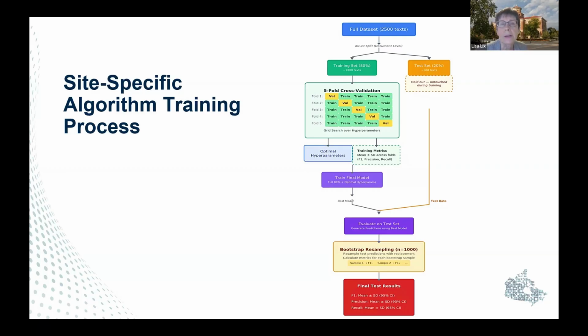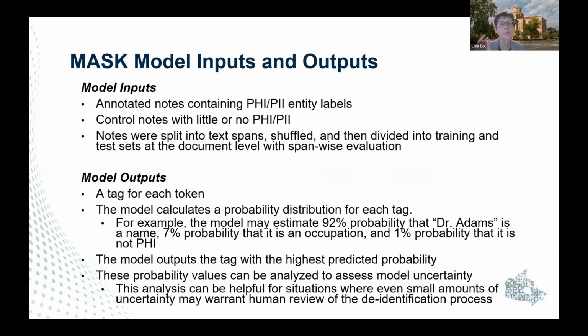And then we can develop a final training model and evaluate it on a test data set. And then we have a variety of different metrics, which I'll talk a little bit about later on. This is a fairly resource-intensive process, and I'll talk about some of the challenges toward the end of my presentation that will give you a sense of what we've gone through with this particular project.